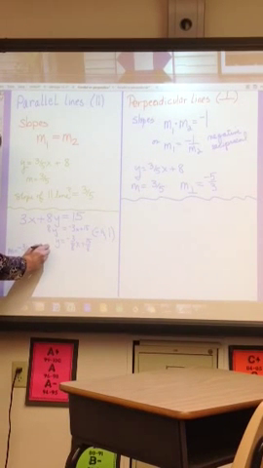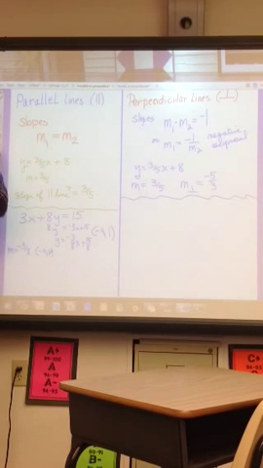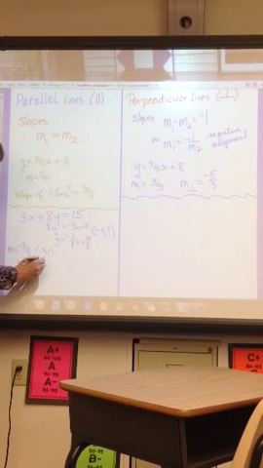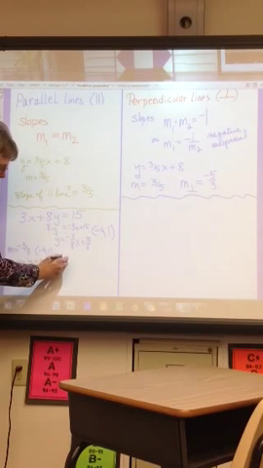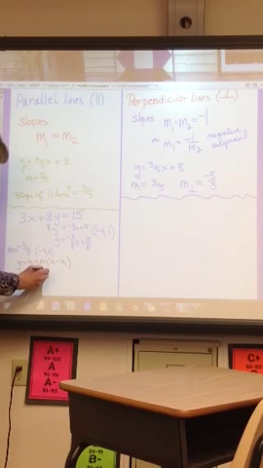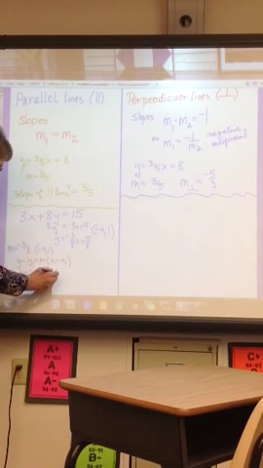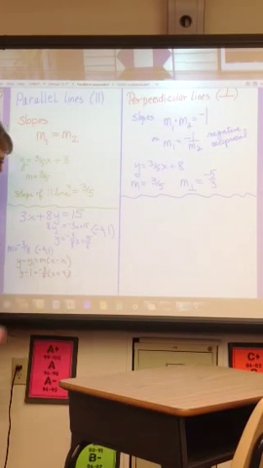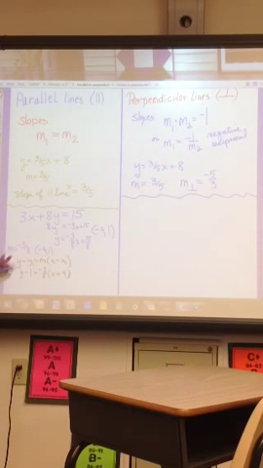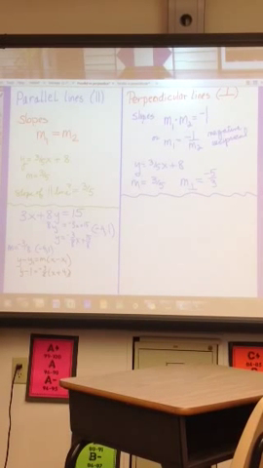I have my point, -4, 1. I would put it in the point-slope form. I would substitute my pieces in there. Then you have to decide which manner the book wants you to give the equation. Do they want it in point-slope, slope-intercept, standard form?